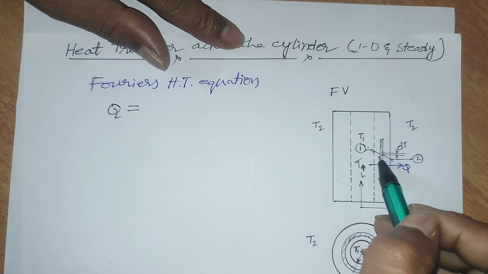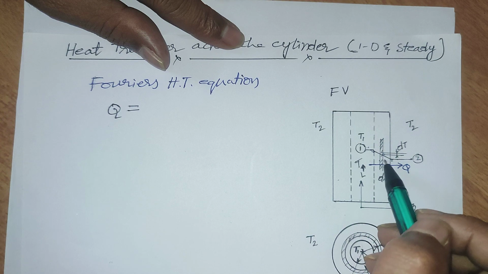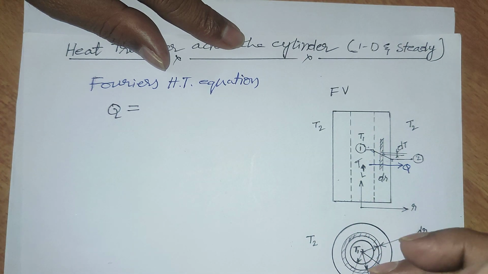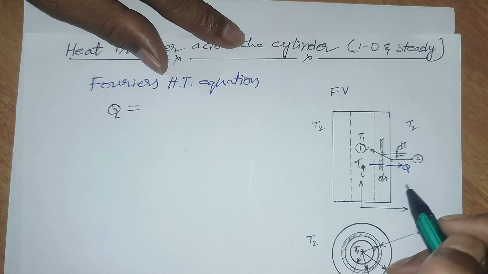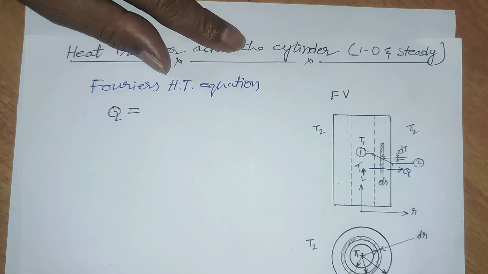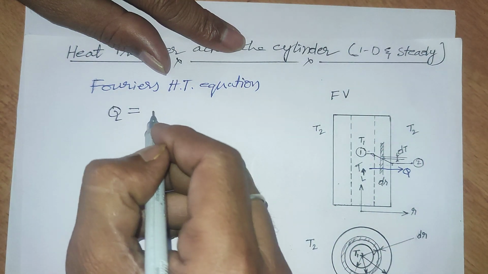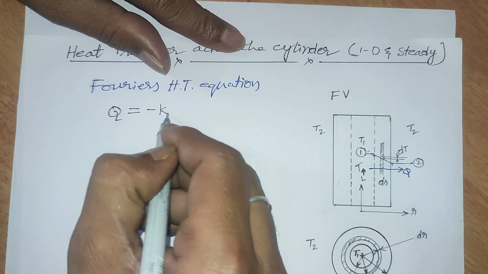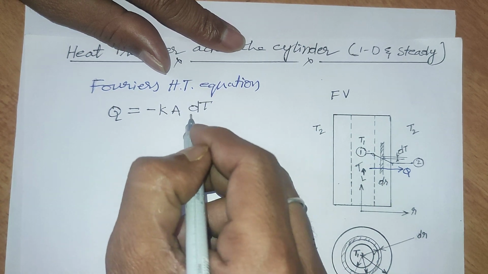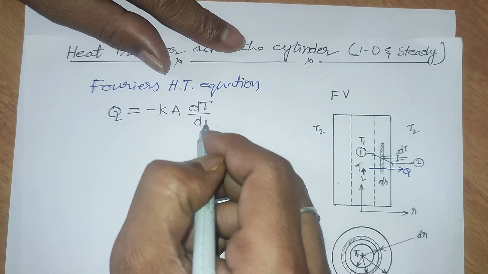This is dt, this is dr. When you apply Fourier's heat transfer equation, that is Q is equivalent to minus K A dt by dx.